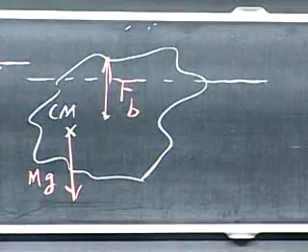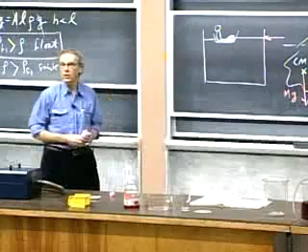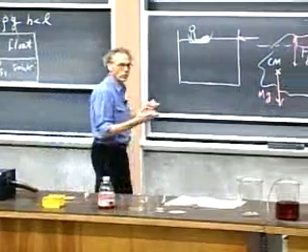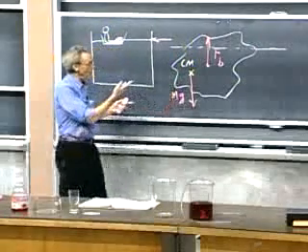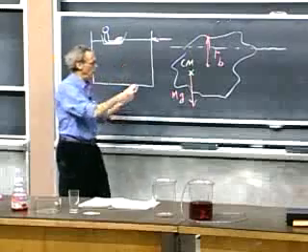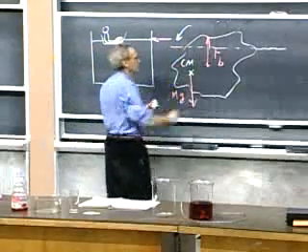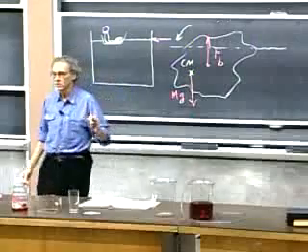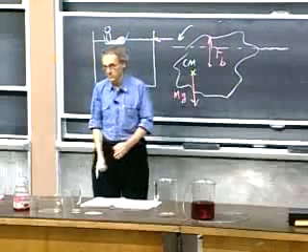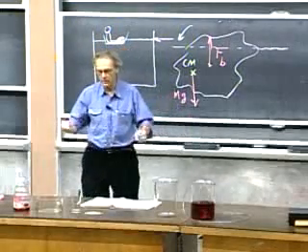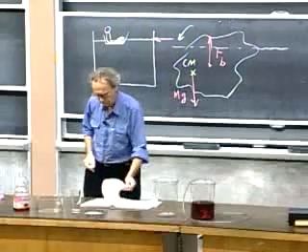And so now you have a torque on this object relative to any point that you choose. Doesn't matter where you pick a point, you have a torque. And so this object is clearly going to rotate in this direction. The torque will only be zero when the buoyant force and the gravitational force are on one line. Then the torque becomes zero, and then it is completely happy.